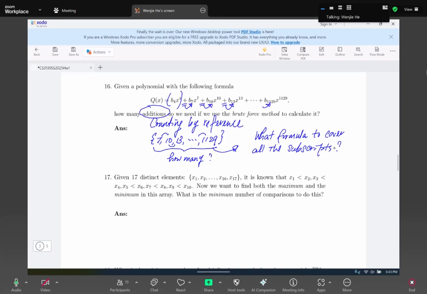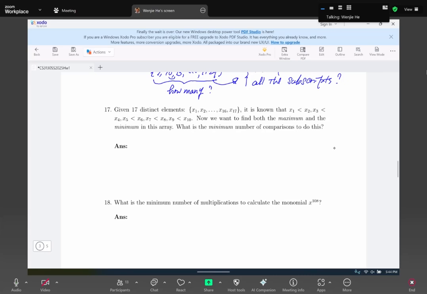Counting by reference idea. Second, when you do the counting, you need to base on one important formula. Not too hard to see, because the common difference is 3, right? So you can figure out this formula easily. So that's number 16.